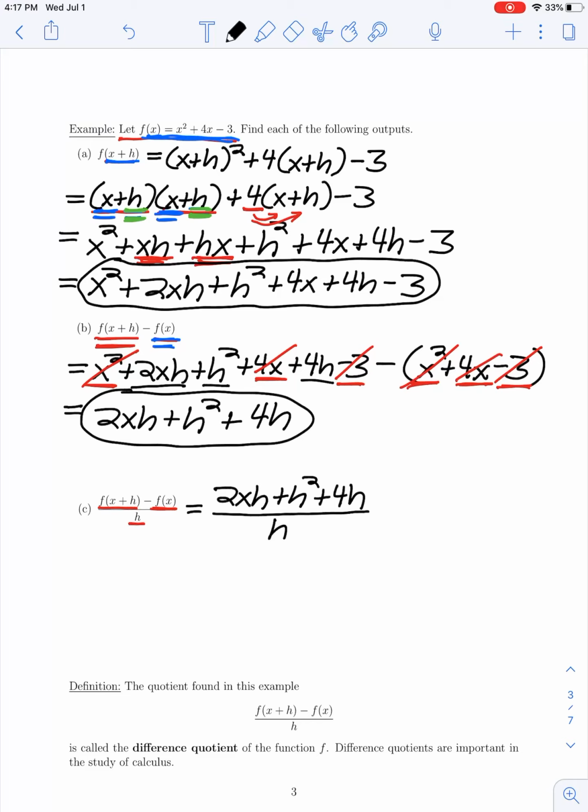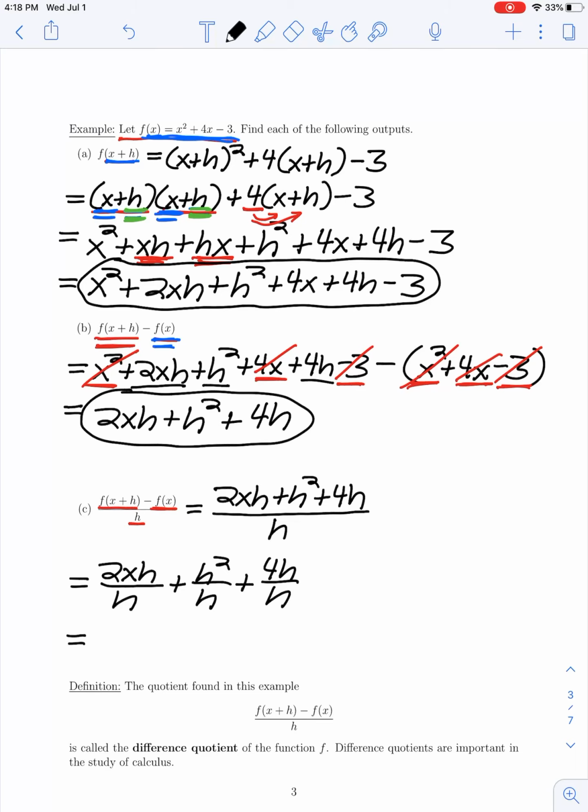Now recall that we can split this quotient, which involves sums in our numerator, as the sum of smaller fractions. So we could write this as 2xh over h plus h squared over h plus 4h over h.